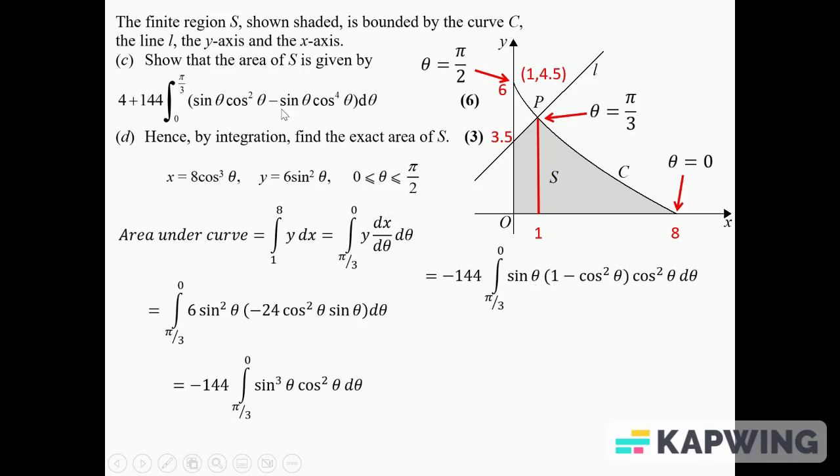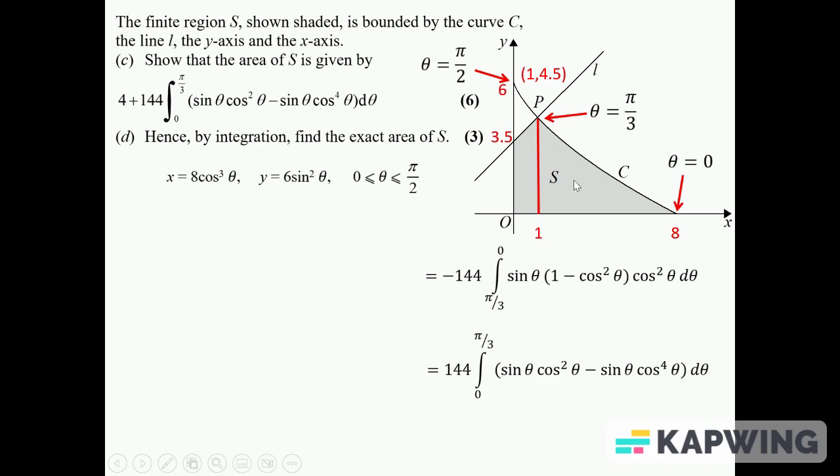And then it started to look a bit like this now, because I've got sine theta and then just coses. And what I can do with this, because I've got 0 at the top and pi over 3 at the bottom and a minus in front, I can change it to plus 144 and swap over the limits, because this one I do that one minus that one, which is the same as doing minus this, take away this. And inside the integral I've got sine times 1 times cos squared, which is this, and sine times minus cos squared times cos squared, which is that.